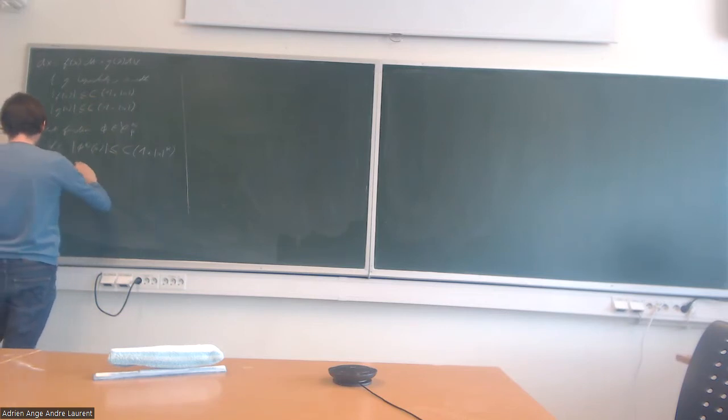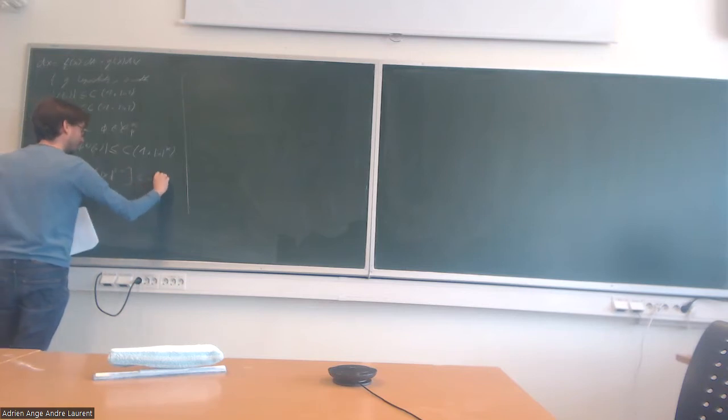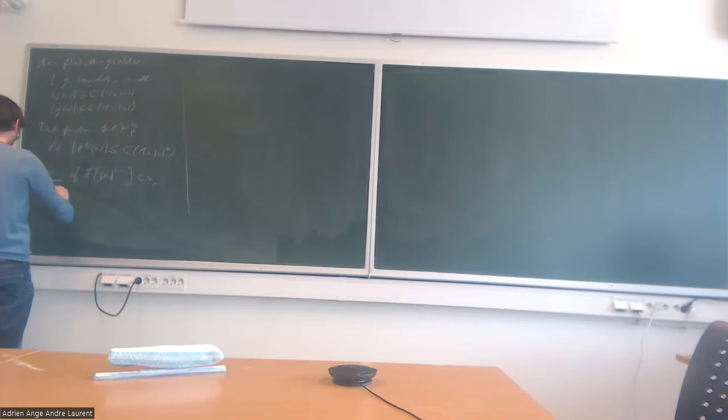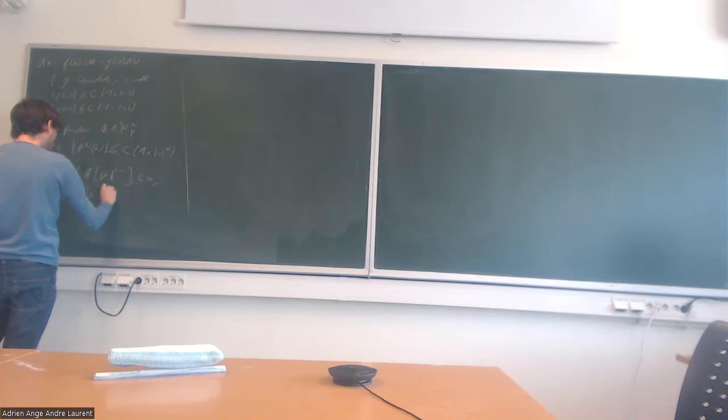If the expectation of x0 is less than infinity, then the expectation of xn is less than infinity.